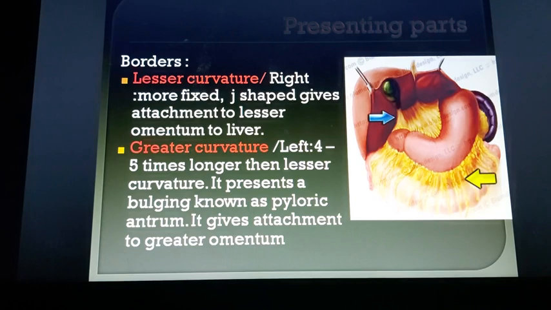It gives attachment to the greater omentum. So this is the greater curvature of the stomach, and this is the lesser curvature of the stomach. The greater curvature gives attachment for the greater omentum, and the lesser curvature gives attachment for the lesser omentum.